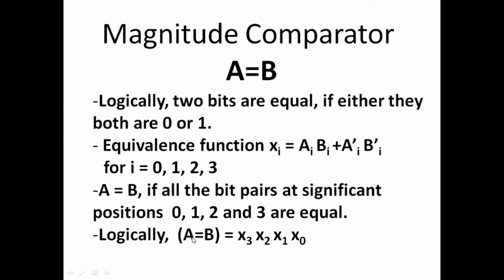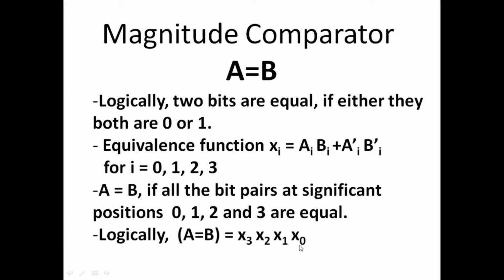So logically we have actually derived a Boolean equation, and this Boolean equation states when A is equal to B. We can later on replace these x0, x1, x2, and x3 with the corresponding Boolean functions.